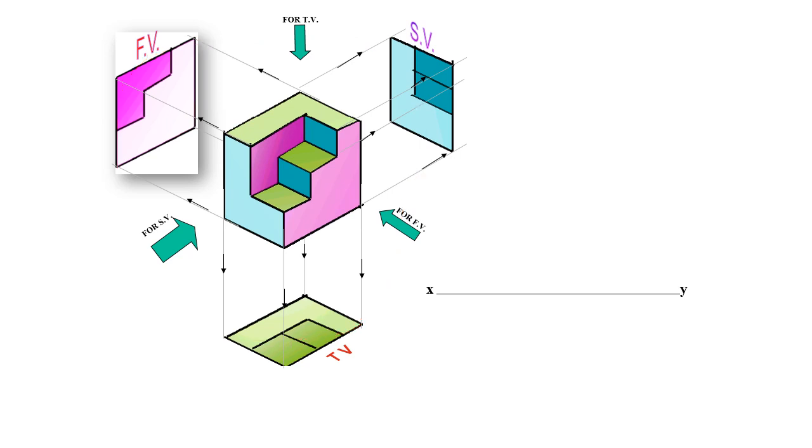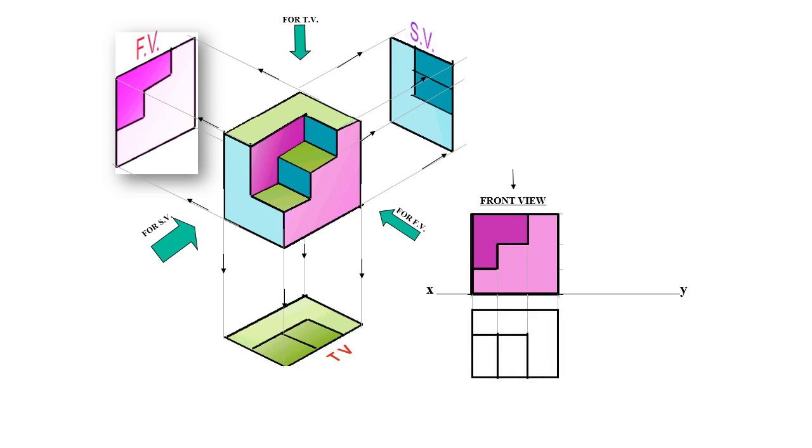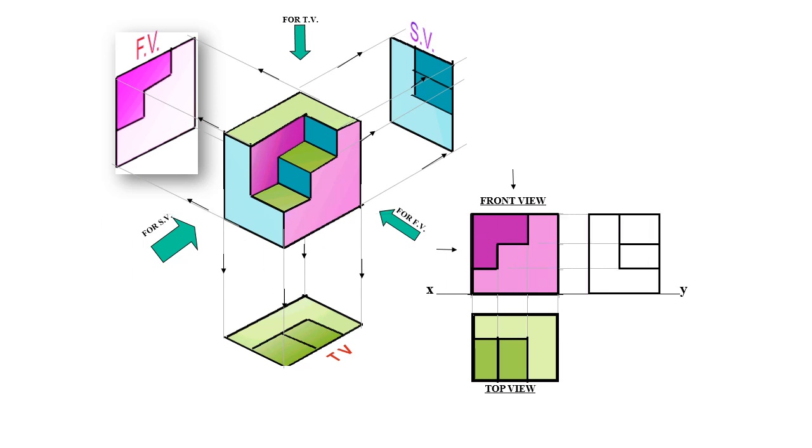So I have an XY line. The front view you have to draw like this, taking the given dimensions. Of course, as I just mentioned, this is an illustration, so there are no dimensions here. We will see with dimensions in the coming slides. Now the front view will look like this, and then the top view will look like this, and of course the side view.